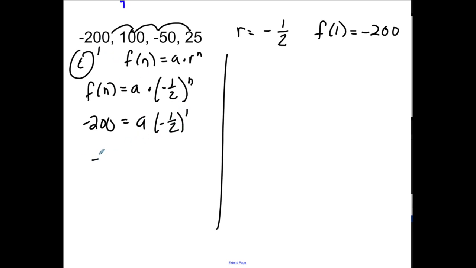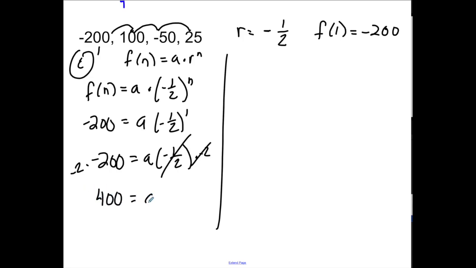Okay, and now we know anything to the power of 1 is itself. And then to cancel, we multiply by negative 2 and negative 2. And we get 400 is equal to a. So our final function is f of n equals 400 times negative 1/2 to the n.